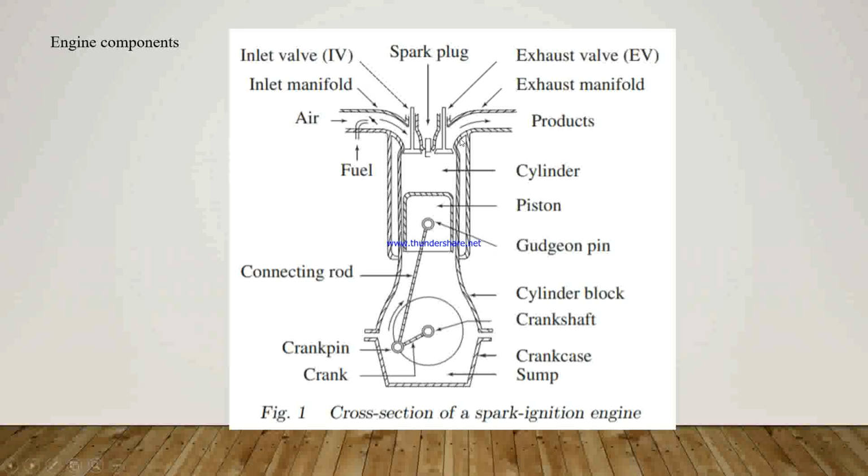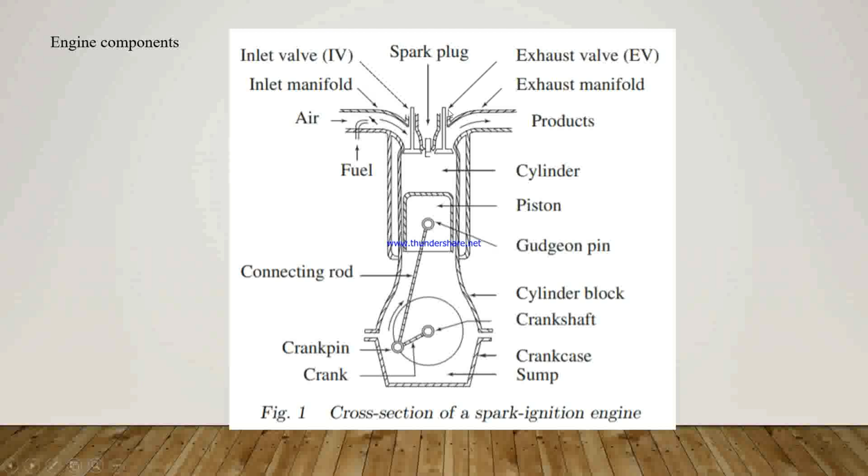First we start with the spark plug. Here is a spark plug. It is a component to initiate the combustion process in spark ignition engines, and it is usually located in the cylinder head. Next are the inlet and exhaust valves.